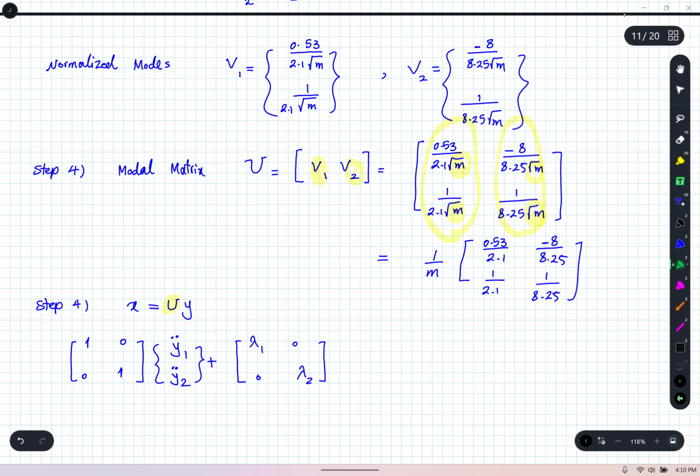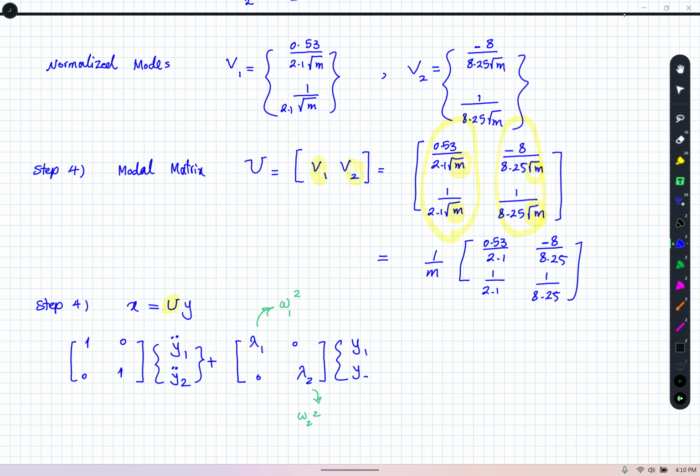And remember, lambda 1 is omega 1 squared, and lambda 2 is our second natural frequency squared. Y1, Y2, and here I have the transpose of U. Remember the transpose. This is how the equations, as we showed in class, develop. And my force, which is 0 and Ft.